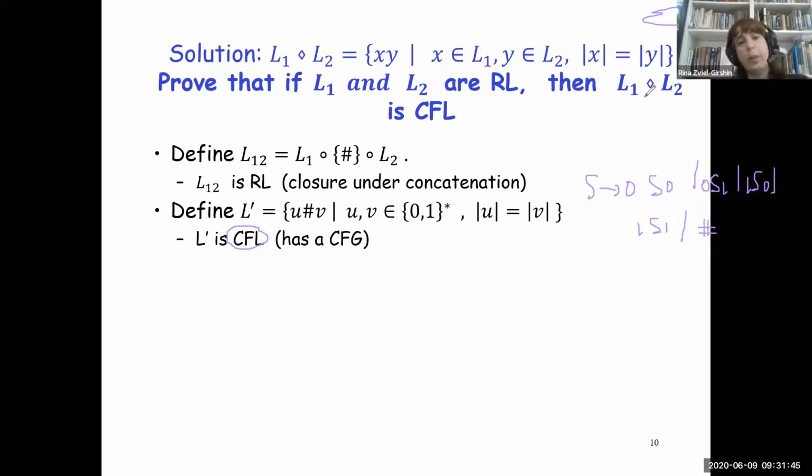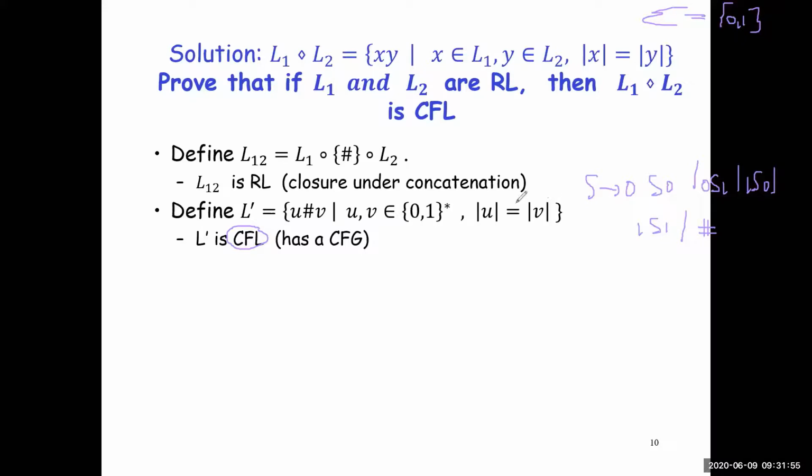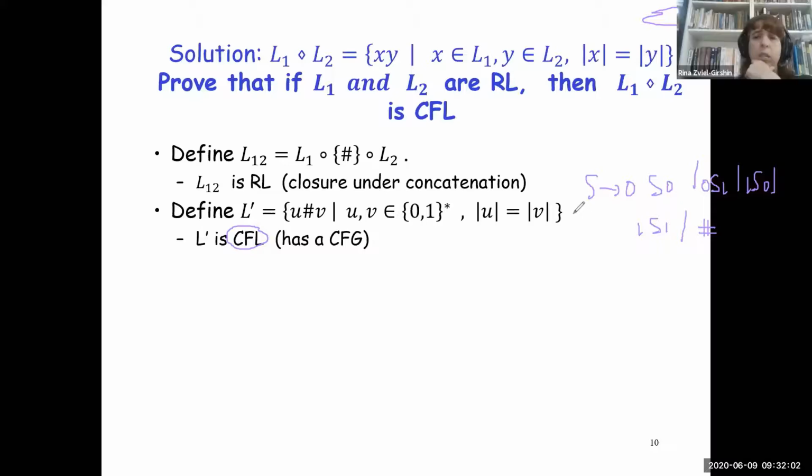For all three claims in this exercise, the terminal symbols were zeros and ones. But then the proofs only hold for these kinds of languages, right? If we use three characters, does it hold?